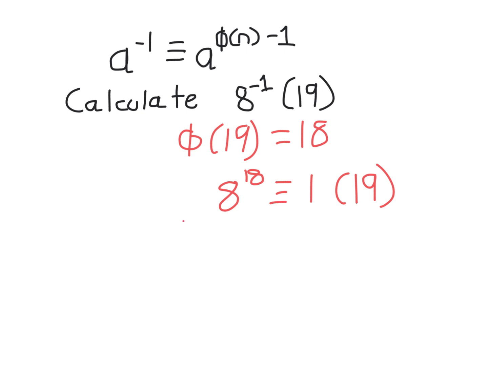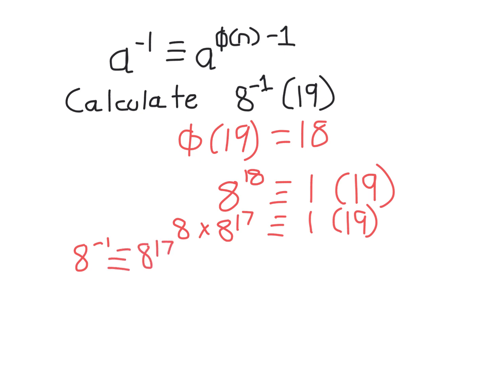So 8 to the power of 18 is 8 times 8 to the power of 17. That must be equivalent to 1 mod 19. We can just reduce the power by 1, and that gives us the inverse. So the inverse of 8 modulo 19 is equal to 8 to the power of 17.